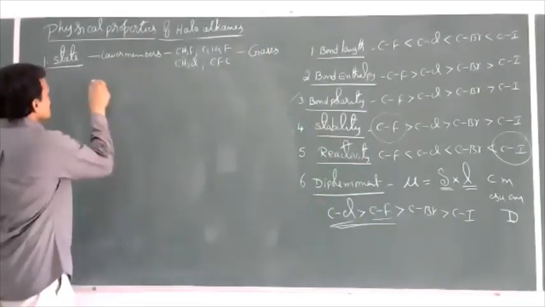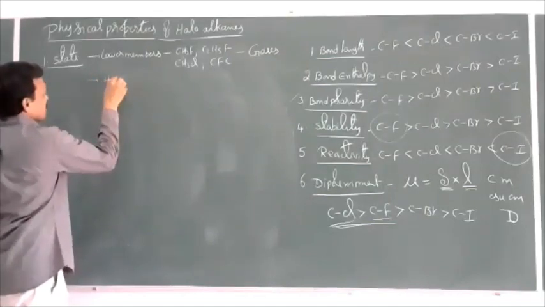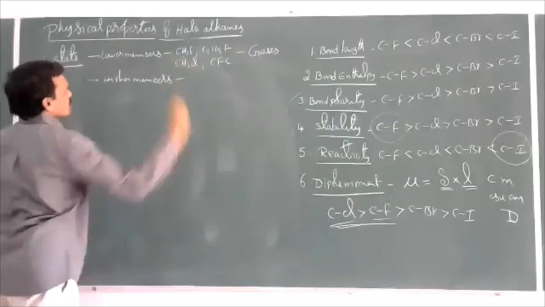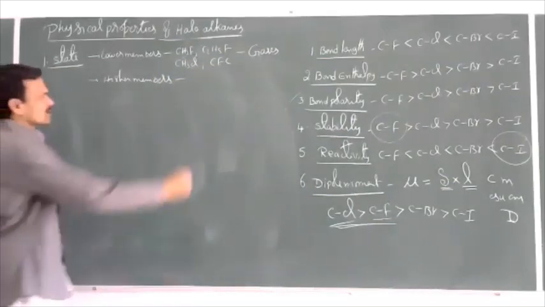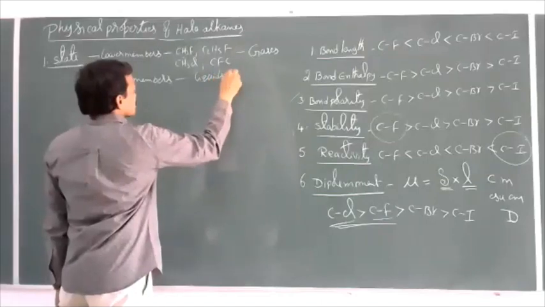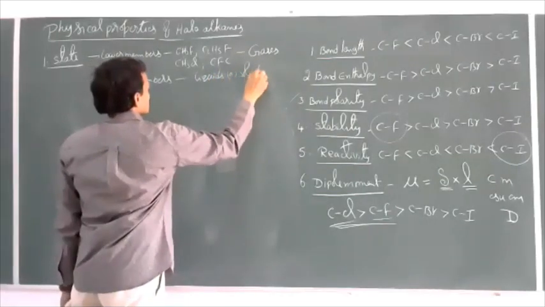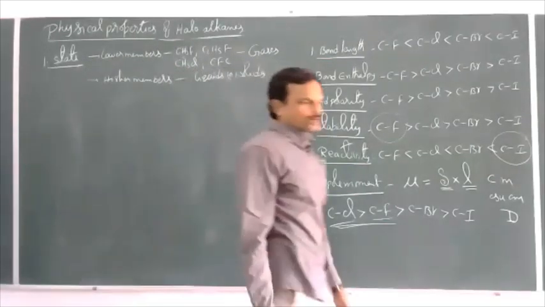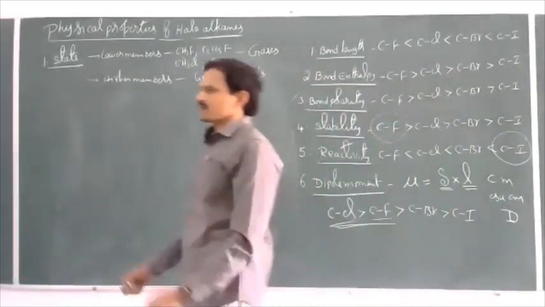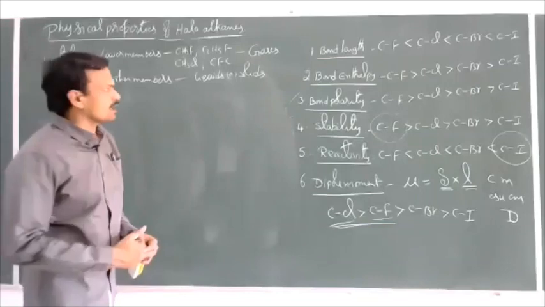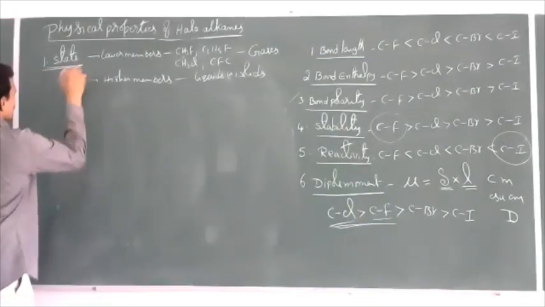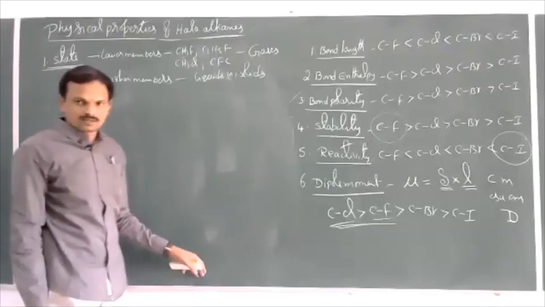Other than this, higher members of haloalkanes are either liquids or solids. So lower members of haloalkanes are gases, whereas higher members of haloalkanes are either liquids or solids. This is regarding the physical state of haloalkanes.